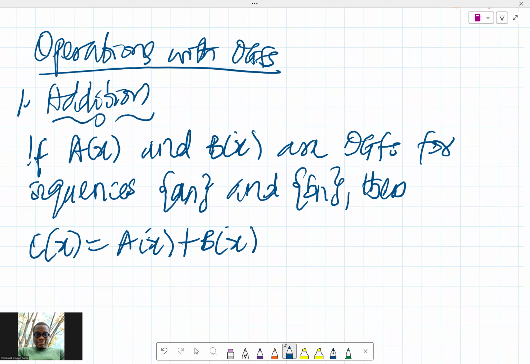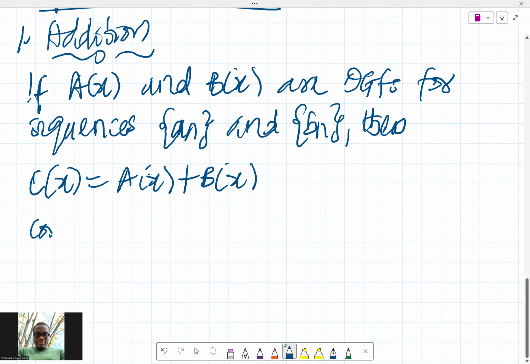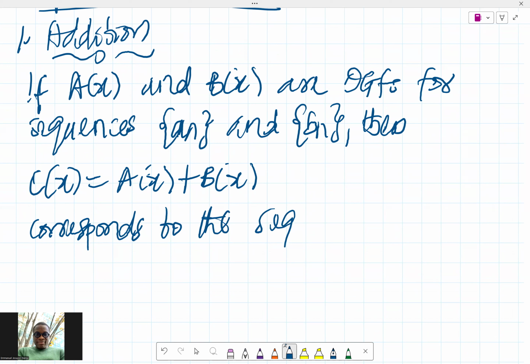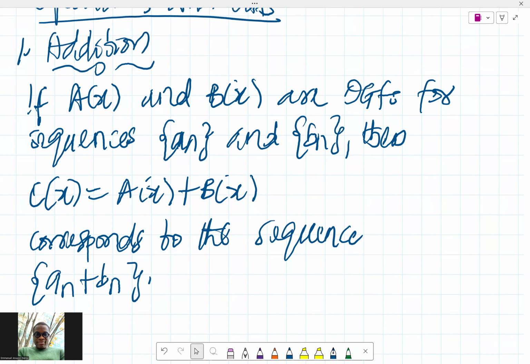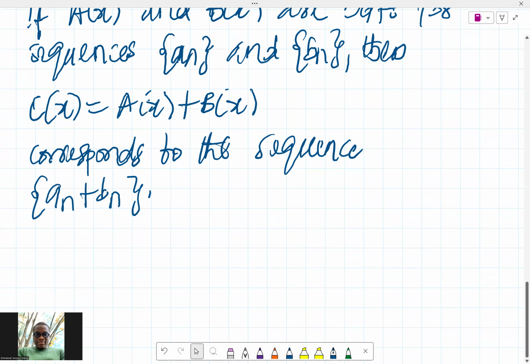And this sum corresponds to the sequence a_n plus b_n. So that means that if you have these sequences, just add them up correspondingly and you are good to go. And that takes care of addition.